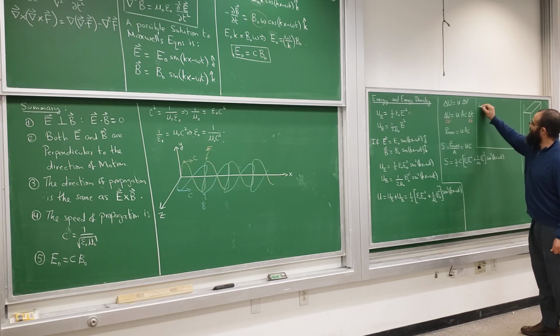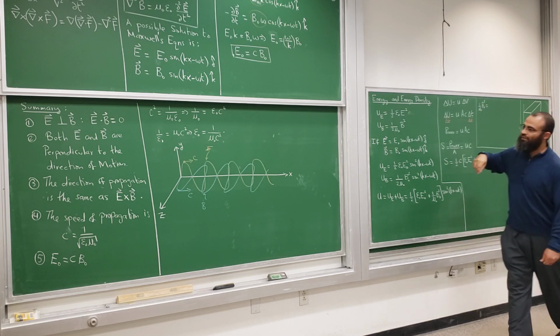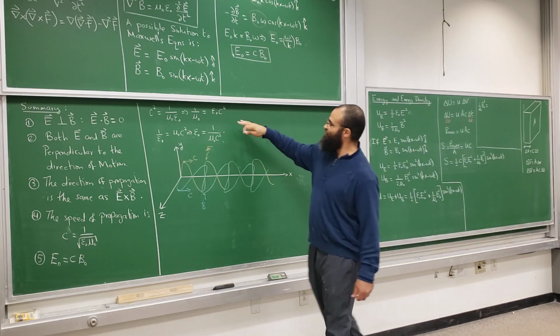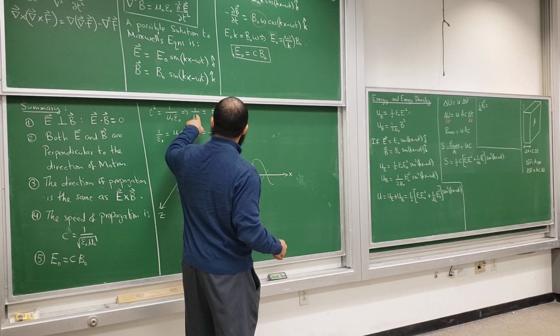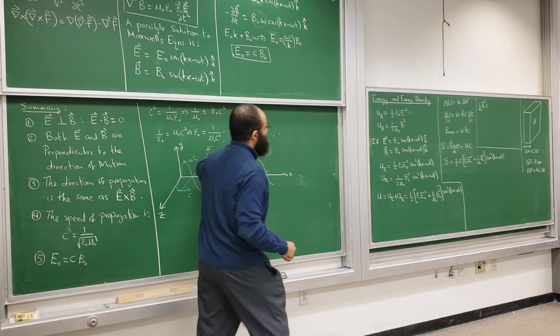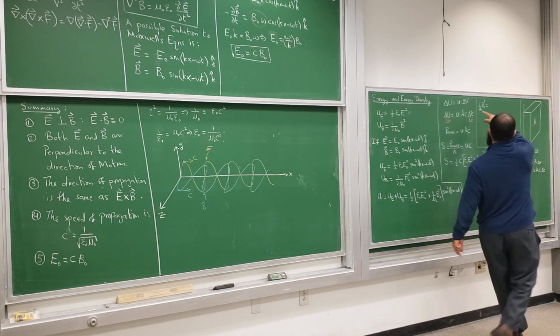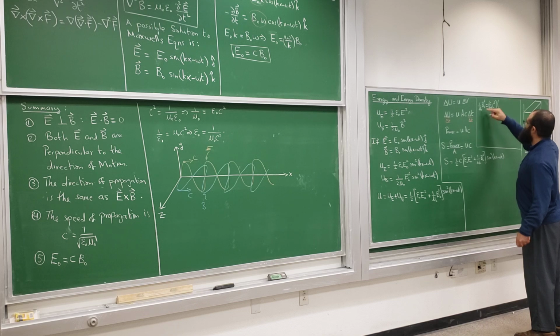What is 1 over mu naught B naught squared? First of all, what is 1 over mu naught? Oh, maybe I should have done the side work here. That's okay, I started there. 1 over mu naught is epsilon naught C squared, right? Now what is B naught?